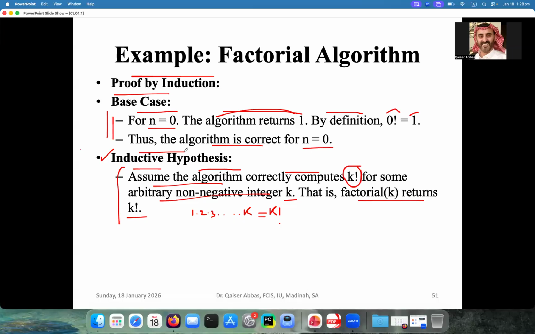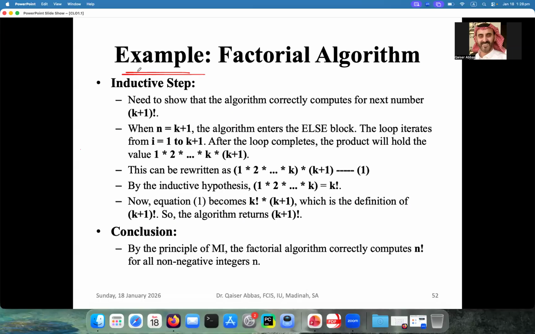You are building a hypothesis, so that's why the word assume is there. Now, what is the inductive step? Now we have to show that the algorithm will correctly compute the next number. What is that next number? k plus 1. The algorithm will calculate k plus 1 factorial correctly. Now we have to show that.